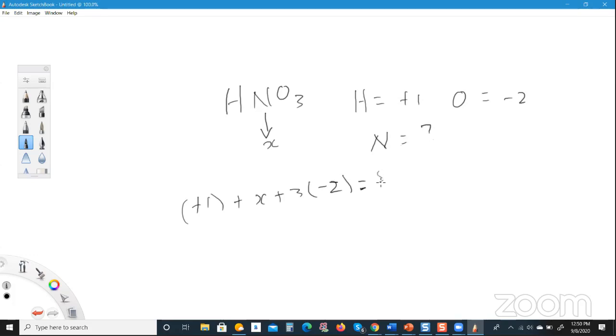And all we have to do is a simple algebra solve for X. So that's 1 plus X minus 6 equals 0, which means that X minus 5 equals 0, which means that the oxidation number of nitrogen, which is X, is equal to +5, all right? So that's basically how you determine the oxidation state or number of nitrogen in this particular compound, all right?